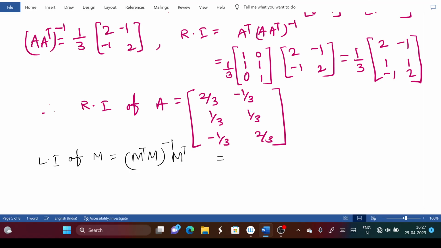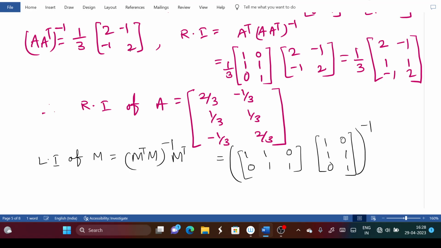Here M is a 2 column vector, so its transpose is 1 1 0, 0 1 1. It's a whole inverse, M transpose. It is 1 1 0 0 1 1.